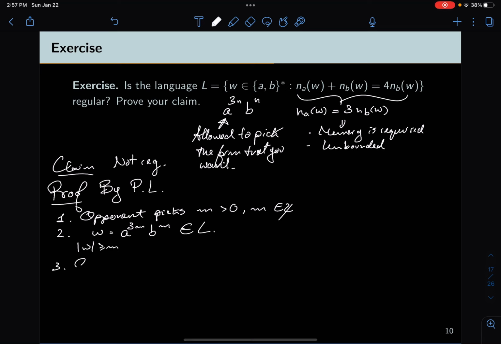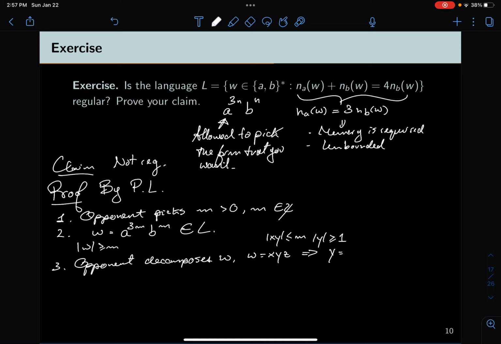Okay, good. So this is the choice of W that's in L. Now, my opponent is going to decompose the string W into xyz, where we have the standard restrictions on x, y, and y. There's never a restriction on z, actually. And so this tells us that y is going to be a sequence of A's, because xy is going to be within the first m A's.